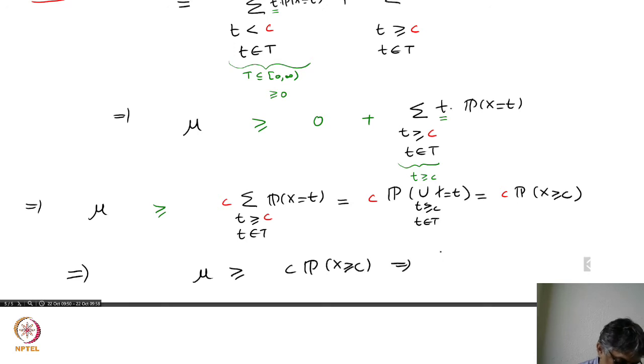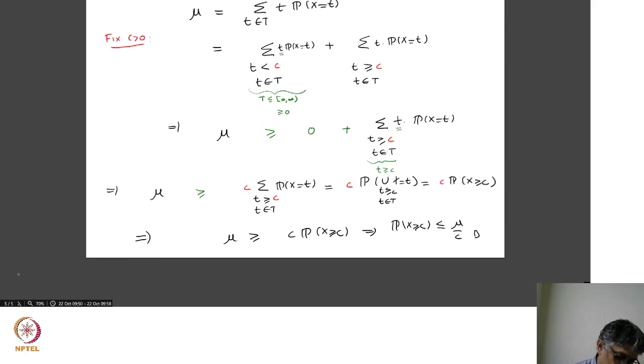That implies what we want: the chance that x is bigger than or equal to c is less than or equal to mu by c. That's what you wanted to show.